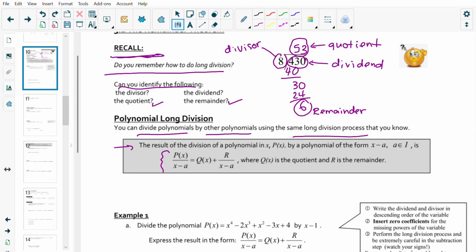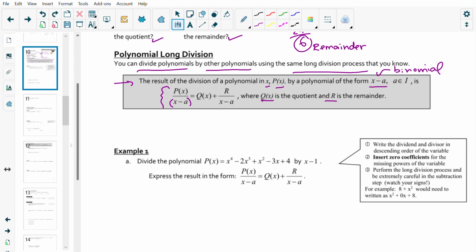The result of the division of a polynomial in x, p of x, by a polynomial of the form x minus a, so this is your binomial, where a is an element of the integers, is p of x divided by the binomial, q of x, which is your quotient, plus r, which is your remainder, divided by x minus a. X minus a is your divisor, where q of x is the quotient and r is the remainder. We'll hold that off for now. Let's do a couple of examples and we'll come back and show you how to put it into that notation.